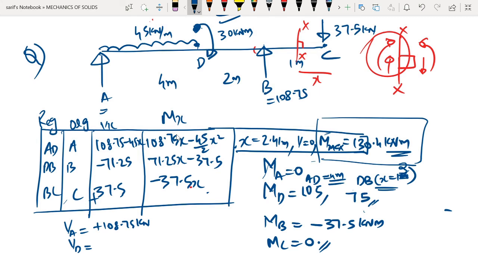Since there is no concentrated force in the loading diagram at D, the shear force will have only one single value, which is minus 71.25 kilonewton. At the point B, there is a concentrated force, so there will be two values. The first value is minus 71.25, and the second is plus 37.5. At the point C, it will be plus 37.5.